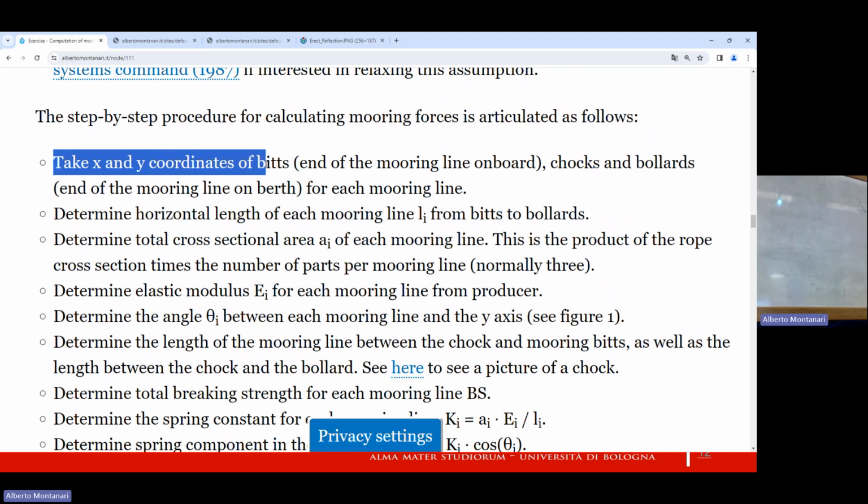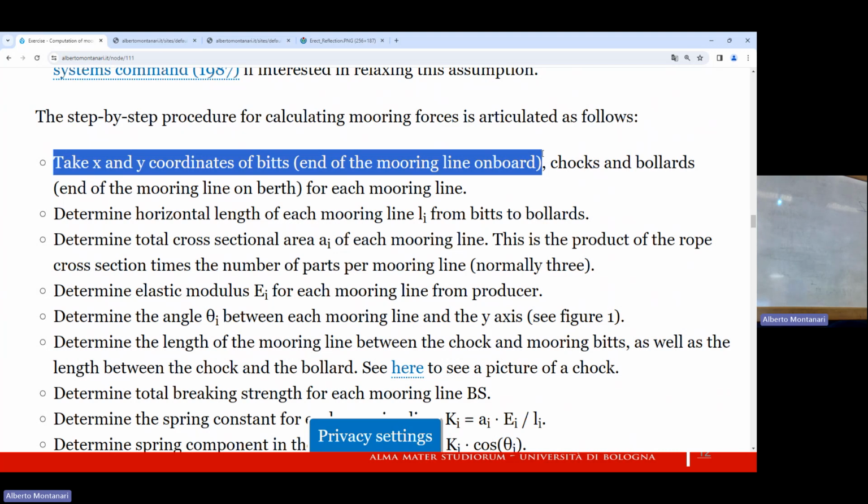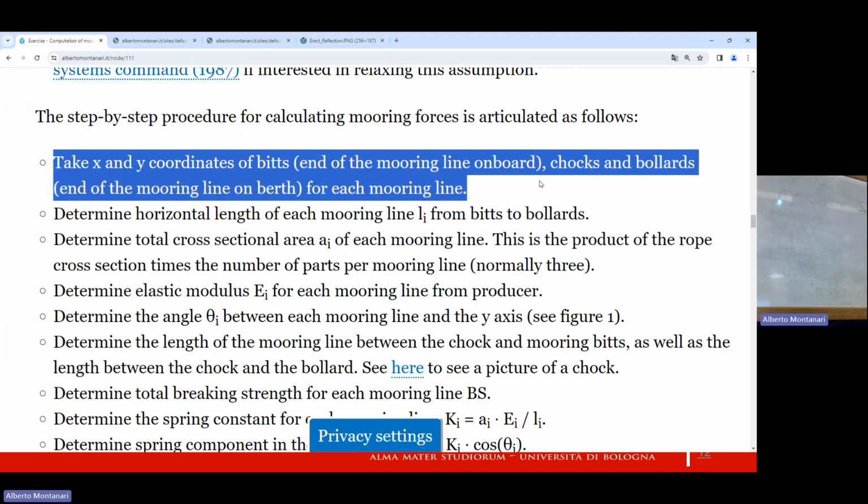Take the coordinates of bits, the end of the mooring line on board, chocks and bollards. The bollard is the end of the mooring line on the berth. The chock is the point through the ship where the mooring line passes on the side of the ship in order to connect the bollards on the berth to the bits on the boat.